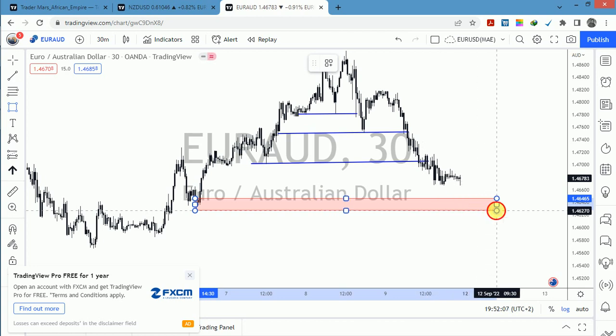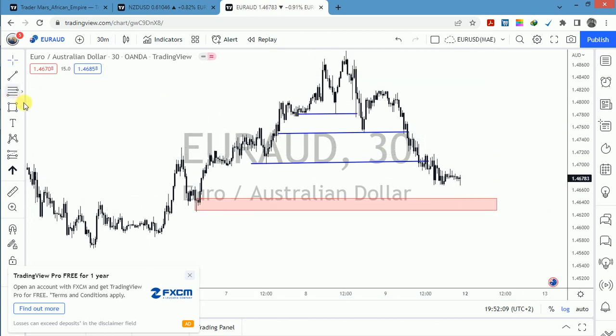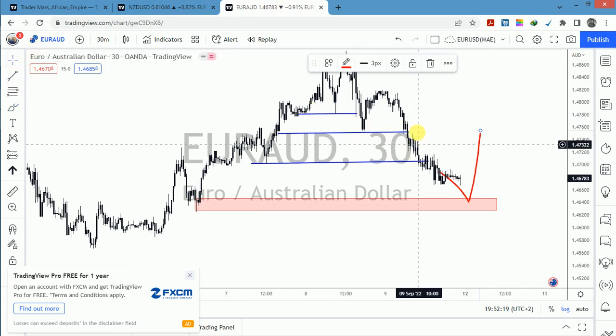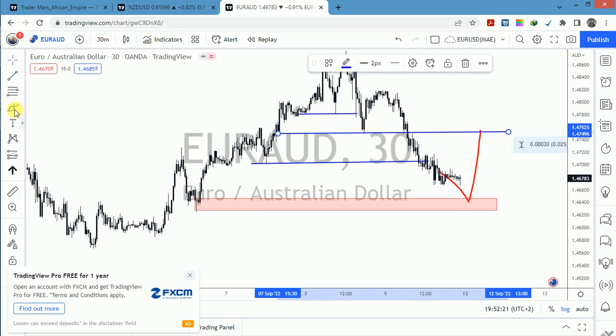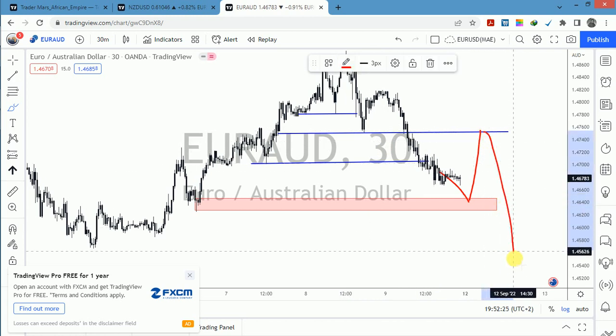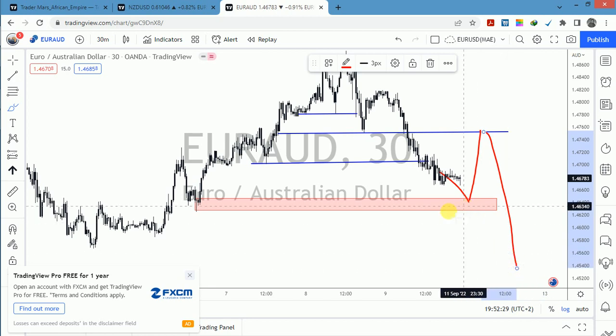There is a nice zone here that I believe there is a possibility for price to tap on that zone and then maybe look to retest or to flip on that RSF, right, and then continue to go down there.